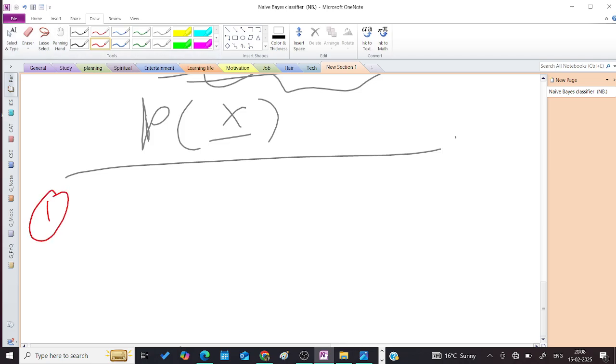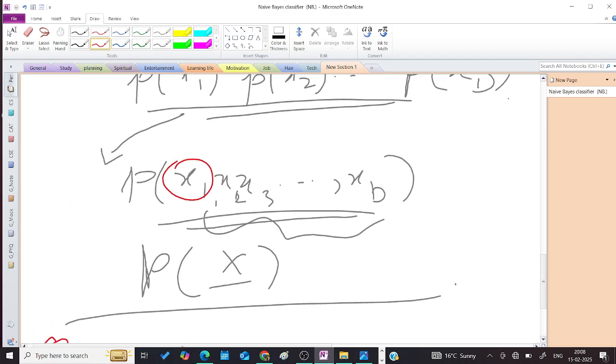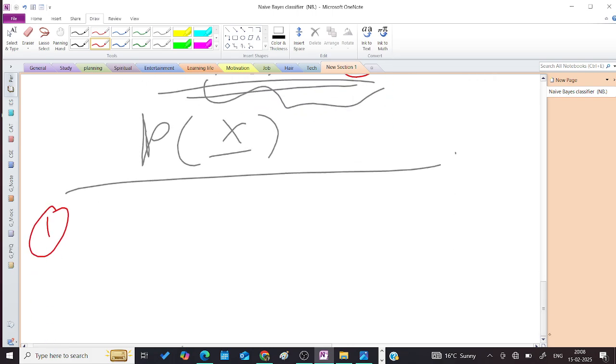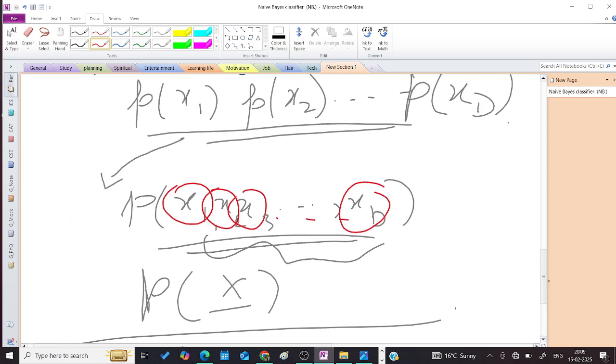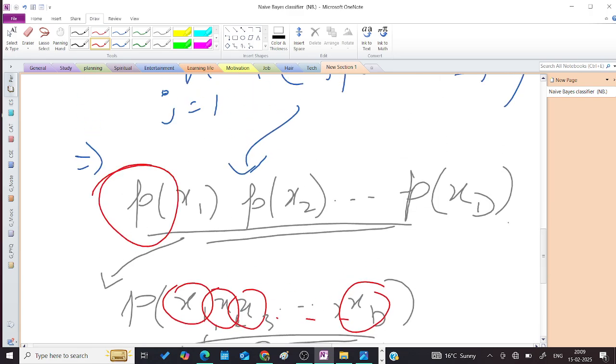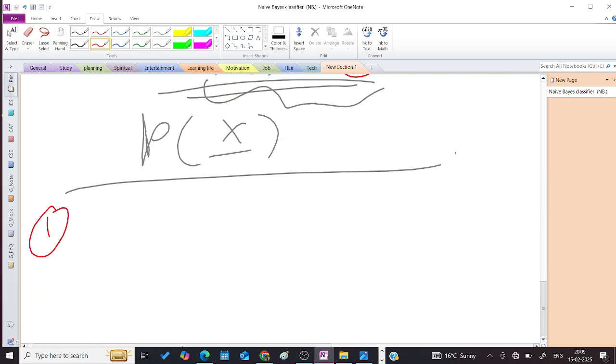Next, if our features, if x1, x2, x3, all these features are real valued, then this probability can be modeled using a Gaussian, right?